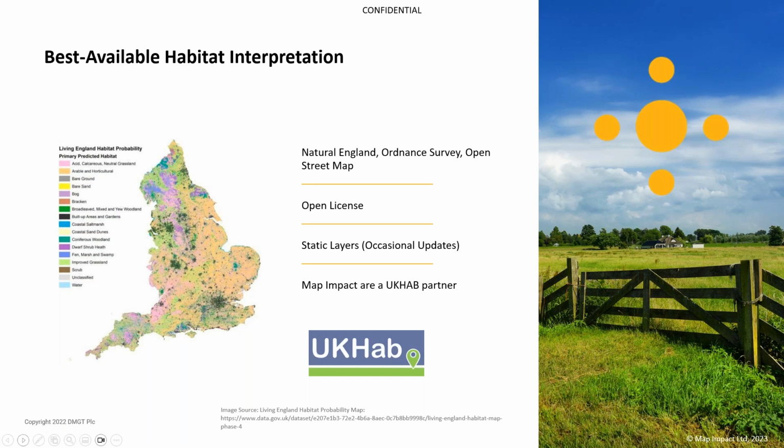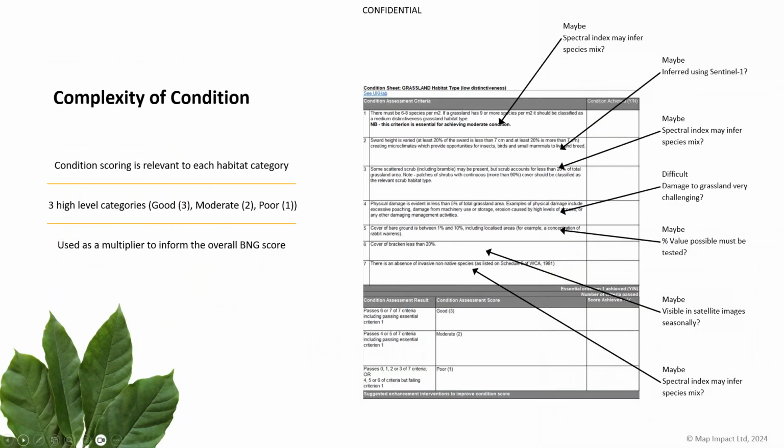If we move on to the next slide, what we begin to see is some of the complexity when you start to think about condition. What we're seeing in the table on the right hand side is an extract from the DEFRA calculator, relating to grassland in this example. Traditionally, an ecologist would have to visit site and answer many questions about grassland.